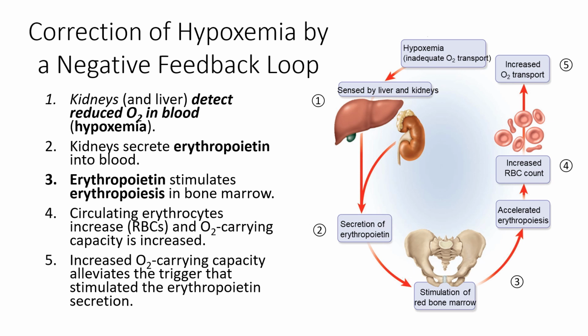Erythropoietin, think of erythropoiesis. Erythropoietin is a hormone that stimulates erythropoiesis. So the kidneys will secrete erythropoietin into the blood, and erythropoietin then will circulate until it reaches the bone marrow, where it will stimulate erythropoiesis.